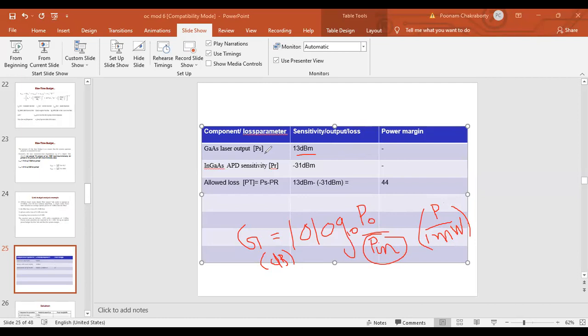When I say laser output in dBm, the 13, my reference measurement was with respect to 1 milliwatt. So that's why I wrote dBm. Similarly, my receiver sensitivity, I'm writing it as minus 31 dBm. This reference measurement again was with respect to 1 milliwatt.